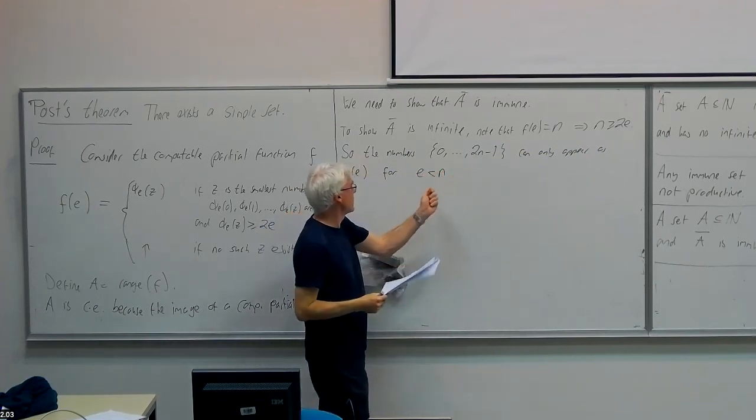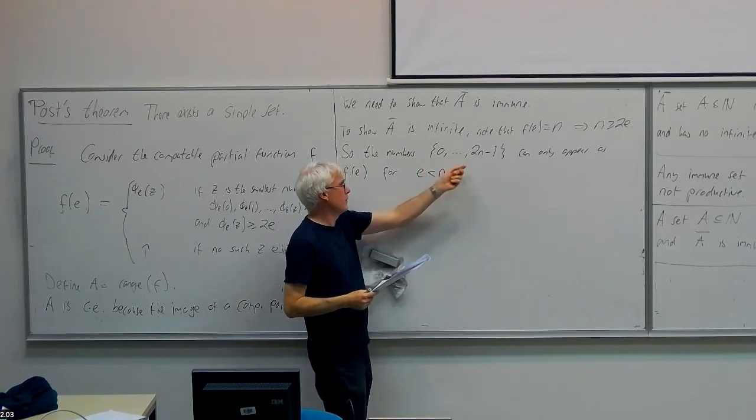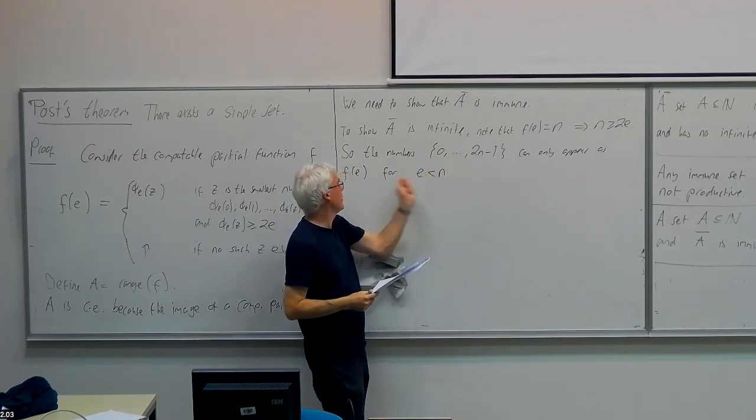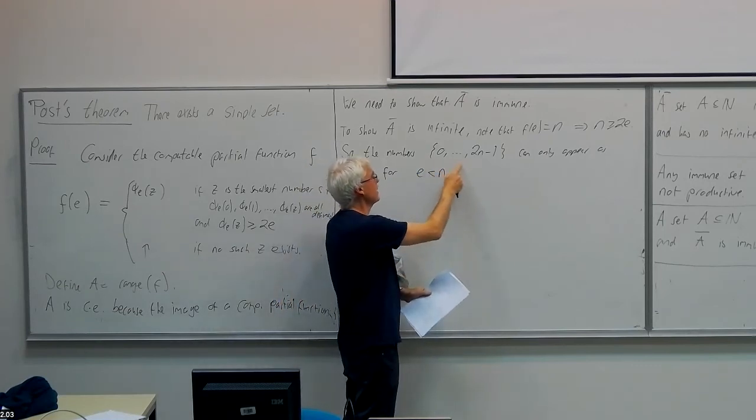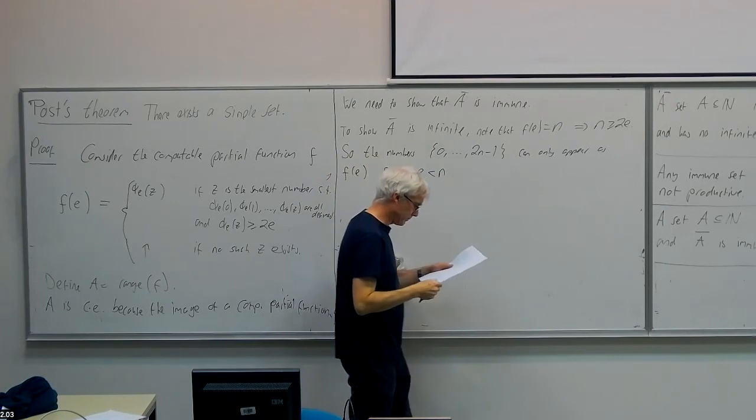Not all of them will appear because f will be undefined on some of those values, but f of e can have at most taken out n of these numbers. There are 2n numbers here, and the image of f can contain only n of them.